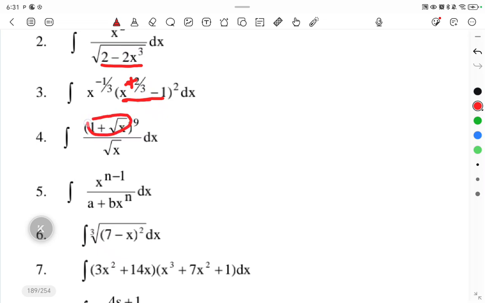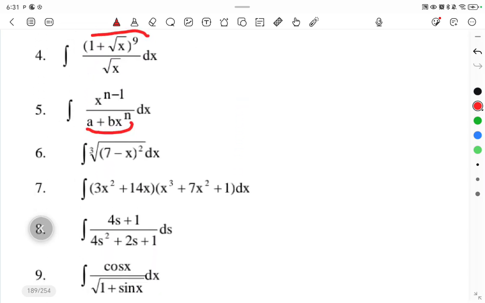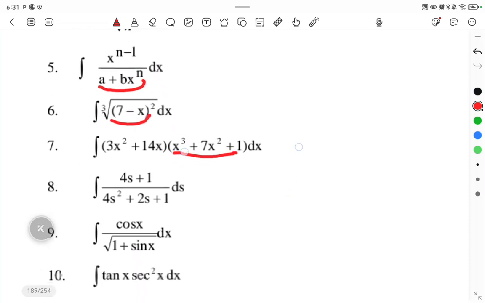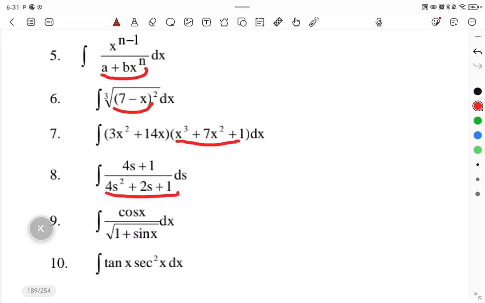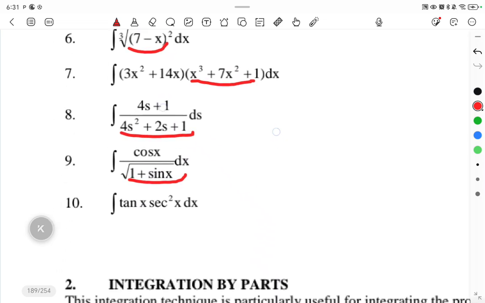And this one is difficult to derive. And here, this one is the one which is difficult to derive. Here it's this one. Here it's this one. Here it's this one. And here it's this one.